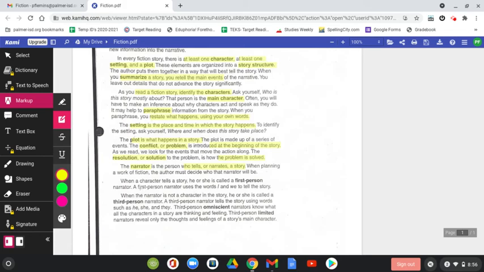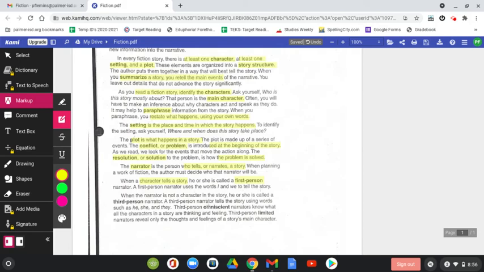When a character tells a story, maybe your main character, we call that story first person. That means that they are the one telling the story, so they're going to use words like I, me, and we. First person, right here, tells us I and we to tell the story.